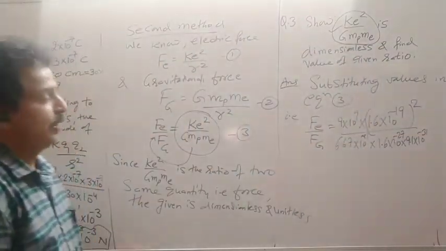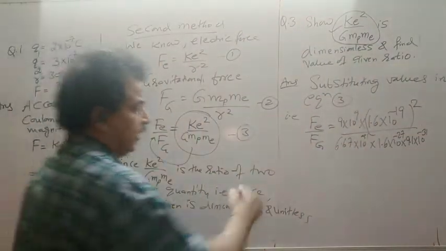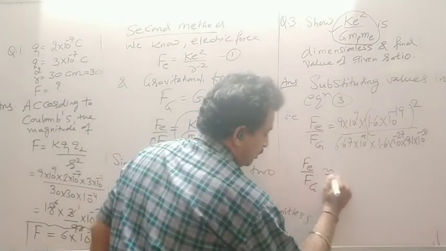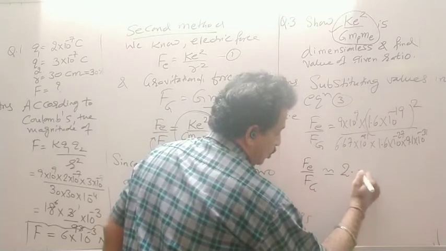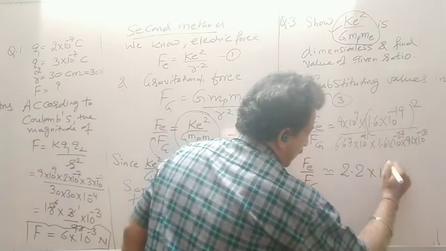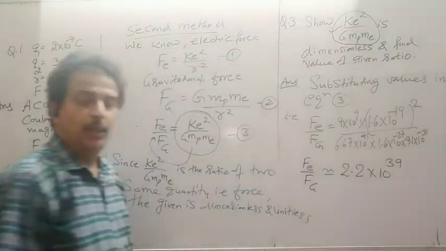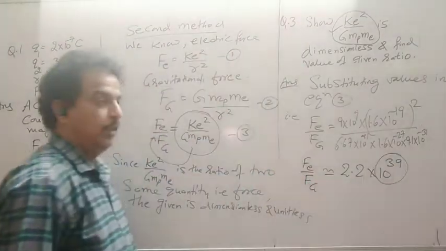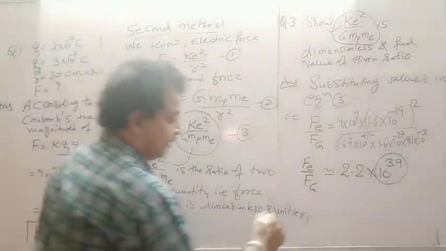Now after substituting all these values, if we calculate this ratio, it comes out to be nearly 2.2 into 10 raised to 39. Now this ratio or this value is very large. So what do we conclude from this?